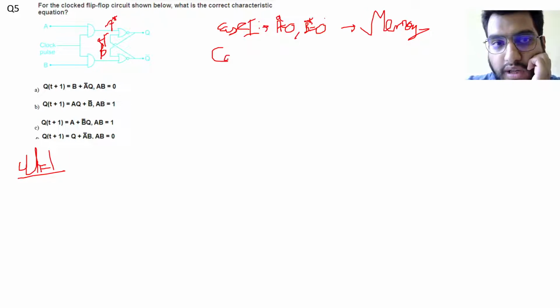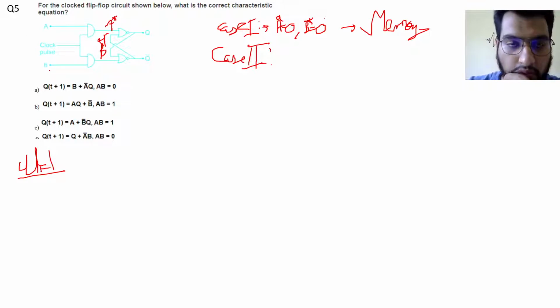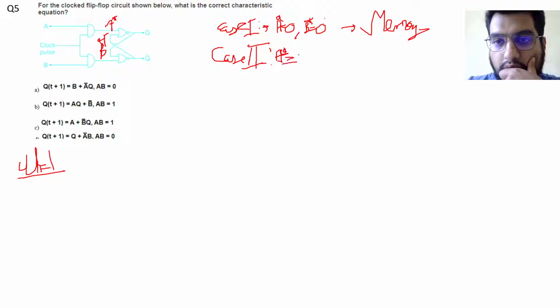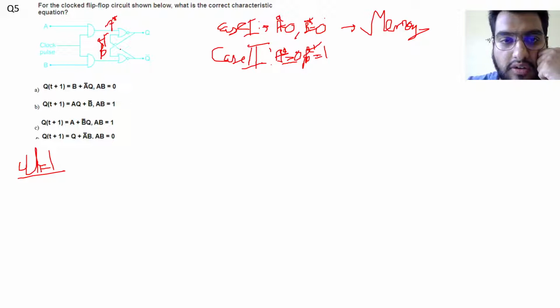Now we have case 2 where A is equal to 0 and B is equal to 1. Then we have A star equal to 0 and B star equal to 1. So B star will be equal to 1, that means this output will always be equal to 0.